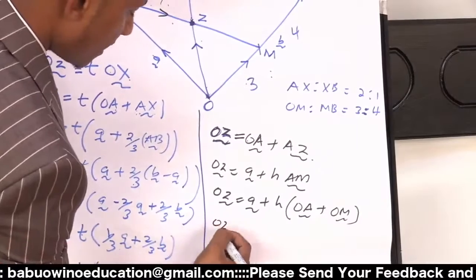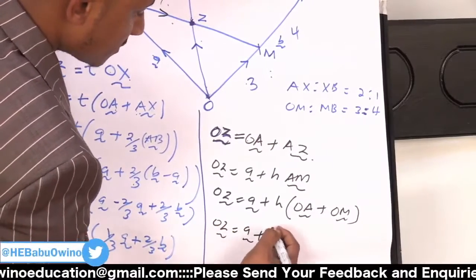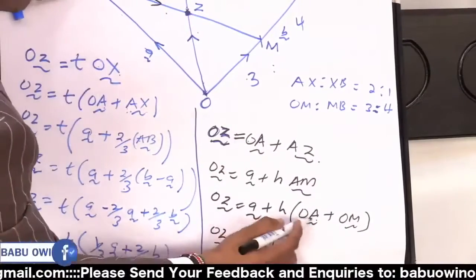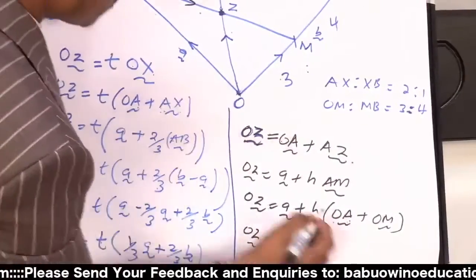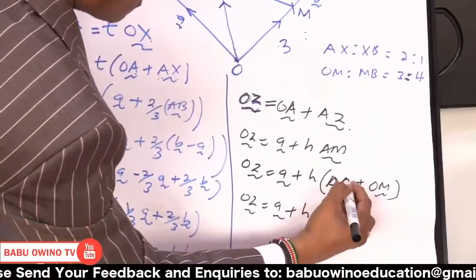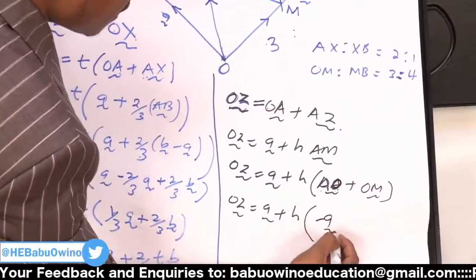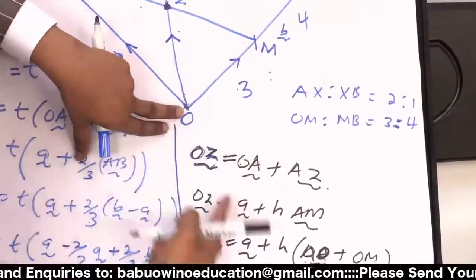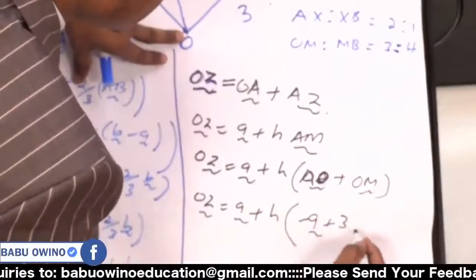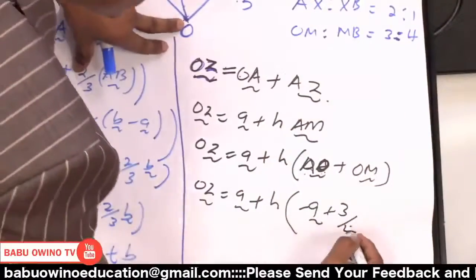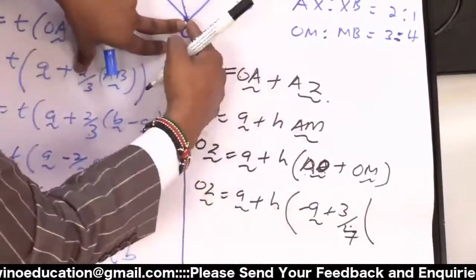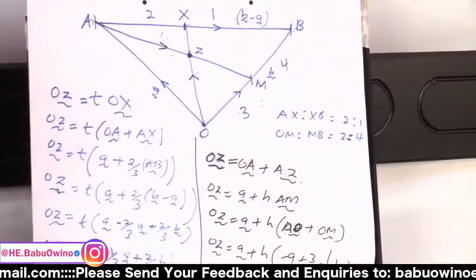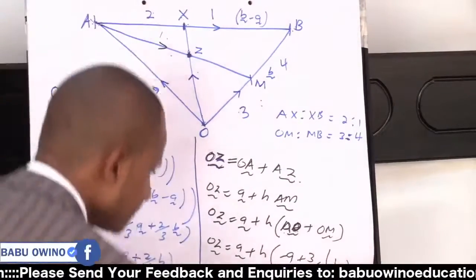So OZ equals A plus H into AO, which is the reverse of OA, so you move negative A, plus positive 3 over the total, which is 7, of OB, which is B. So open this up.